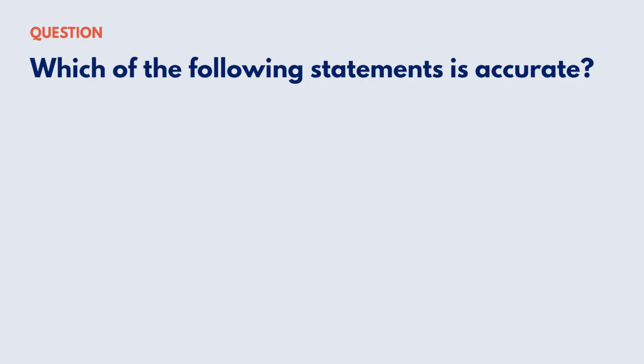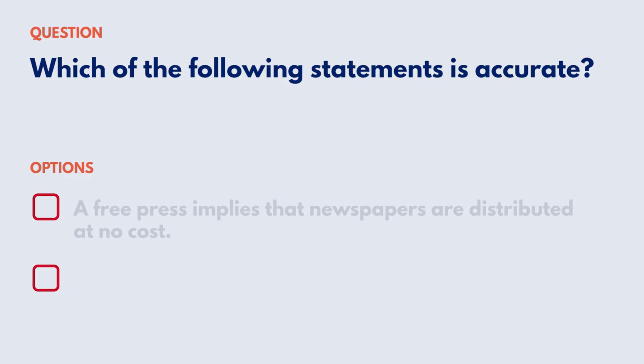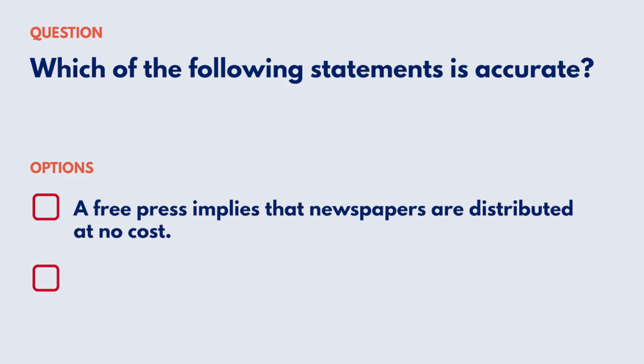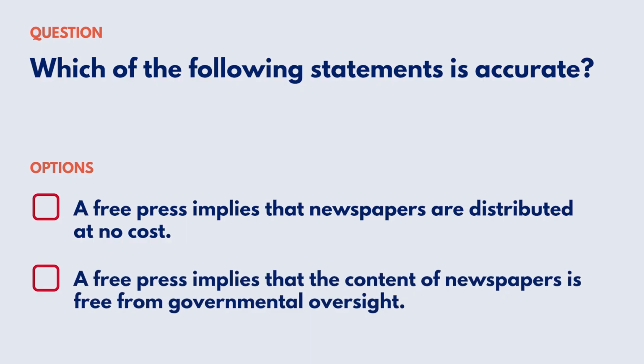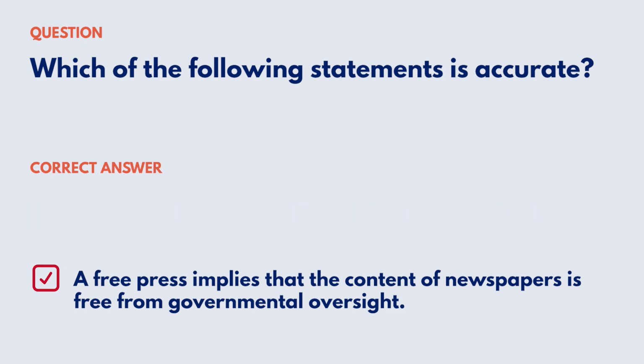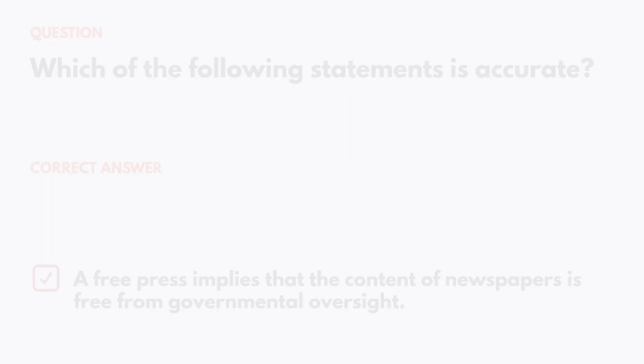Which of the following statements is accurate? A free press implies that newspapers are distributed at no cost. A free press implies that the content of newspapers is free from governmental oversight. Correct answer. A free press implies that the content of newspapers is free from governmental oversight.